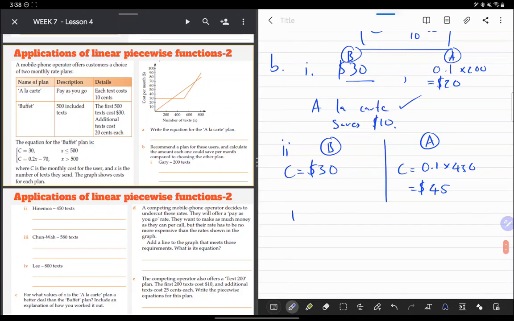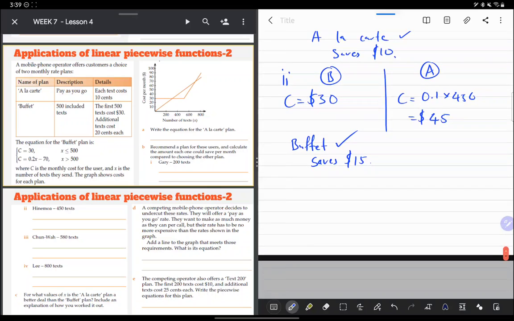So go with the buffet. That's a tick for the buffet. That saves $15. And we carry on.